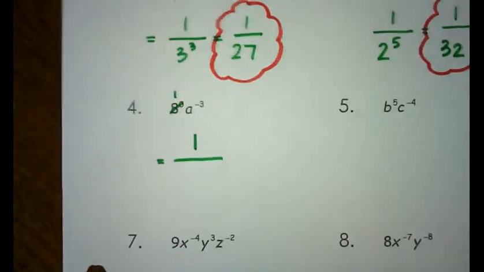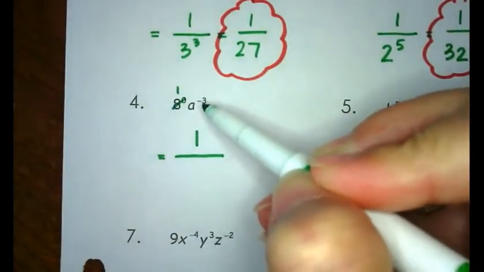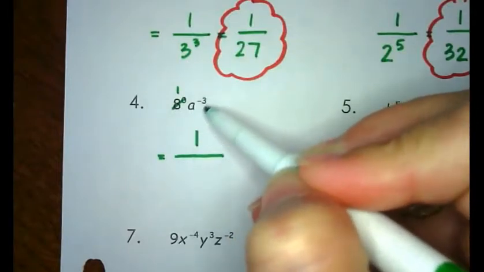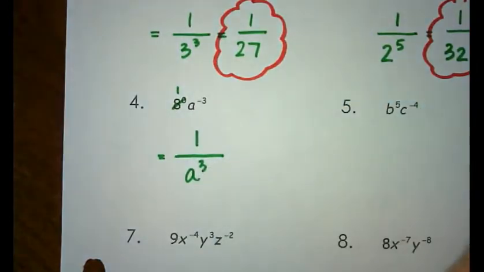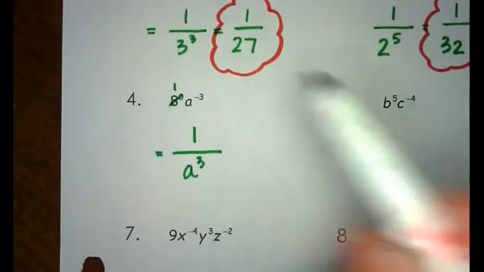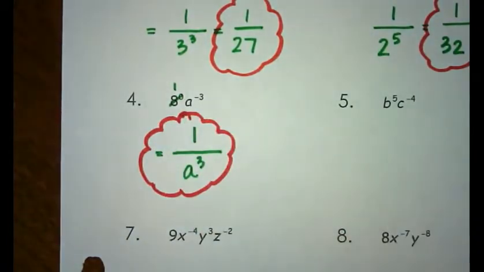So that one's going to stay where it is. A to the negative third, however, needs to be moved to the bottom. We need the reciprocal of that one. So once we move A to the third to the denominator, it's positive, and we're done. So that would be the answer for that one.